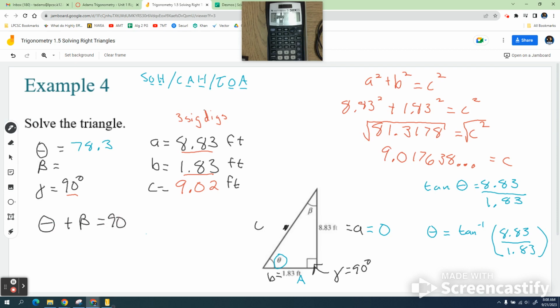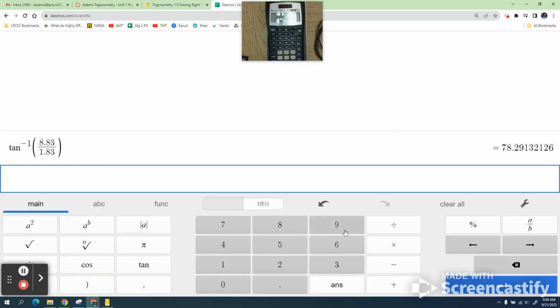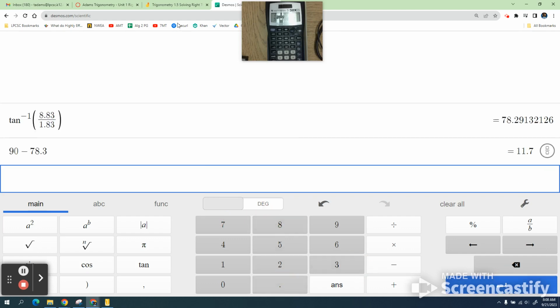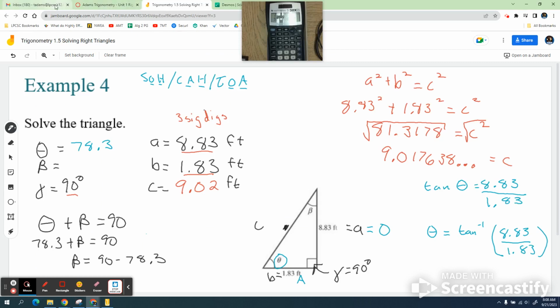So if I know what theta is, which is 78.3, plus beta equals 90, then beta will equal 90 minus 78.3. So I'll say 90 minus 78.3 is 11.7.